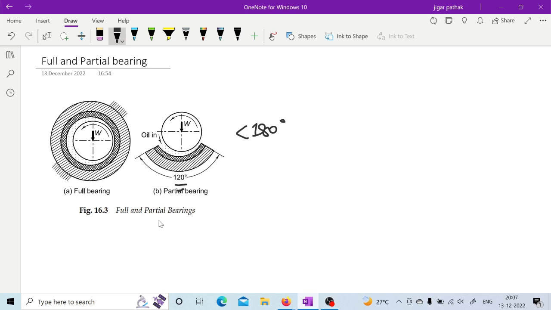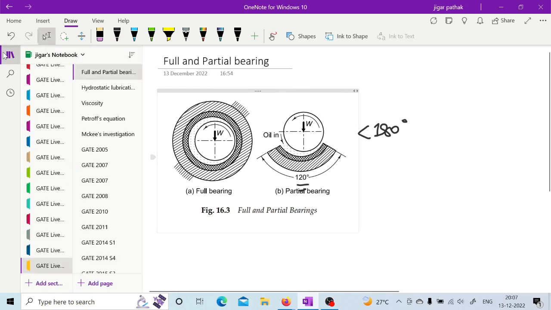This is how full and partial bearings are described for hydrodynamic bearings.